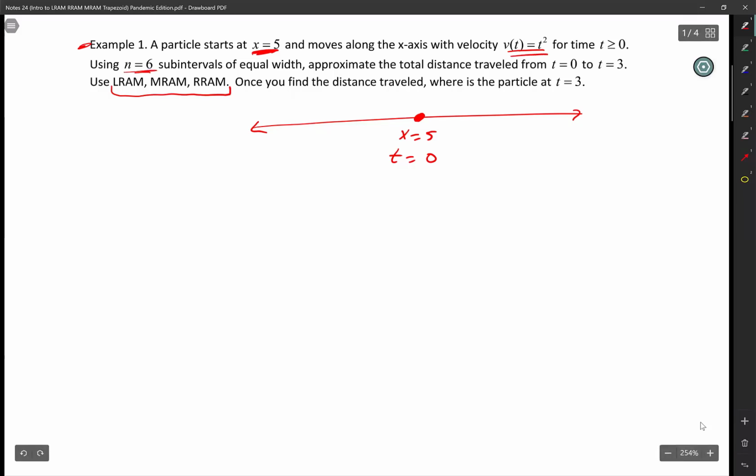Using 6 subintervals of equal width, approximate the total distance traveled from t equals 0 to t equals 3 using LRAM, MRAM, RRAM. Once you find the distance traveled, where's the particle at t equals 3? Okay, there's a lot going on, so let's go real slow. First, I'm going to sketch my velocity time graph. This is not a sketch of the particle, just of the velocity and the time.